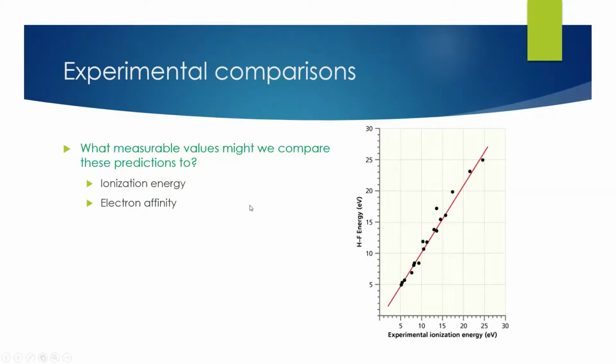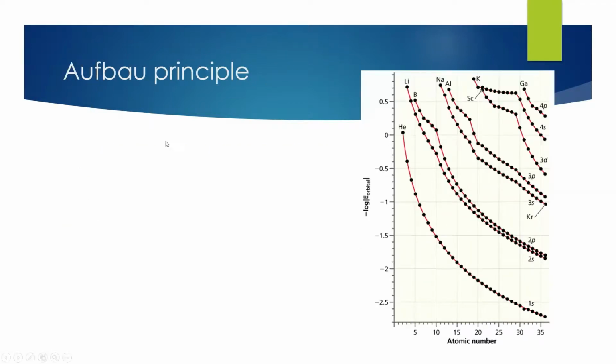Another thing we can do is look at the energy levels of the orbitals. So here is a chart of the energy level of the orbitals, and we can see that basically they go down uniformly. So if we look at the 1s orbital, starting with helium and going down, the energy gets lower and lower and lower because, of course, the nucleus gets more positive.